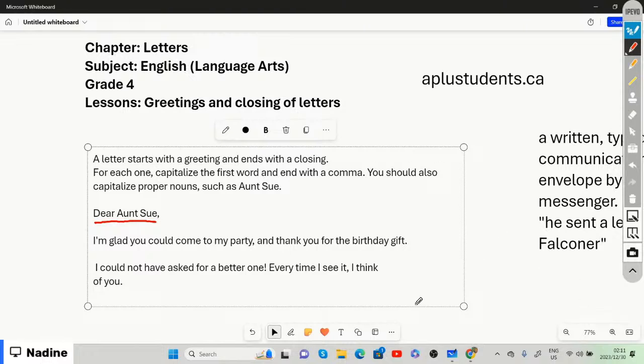All right, so we see that with letters we have an opening, so we are greeting, and then we also have a closing.